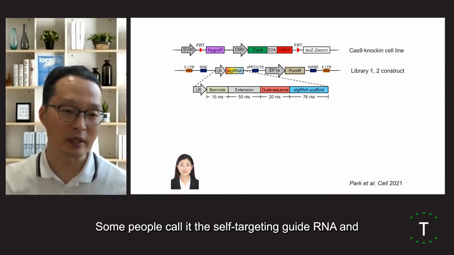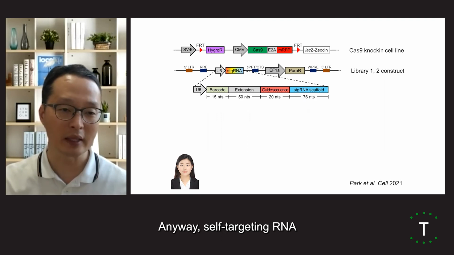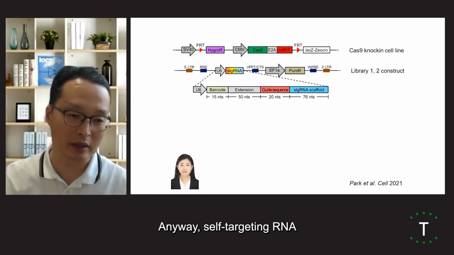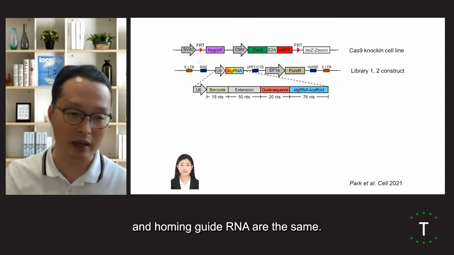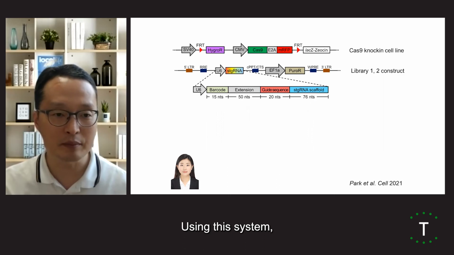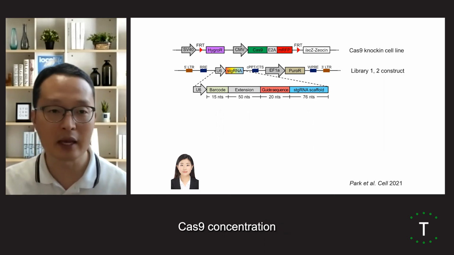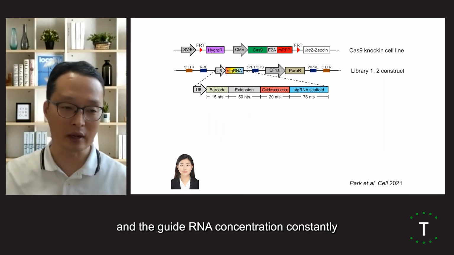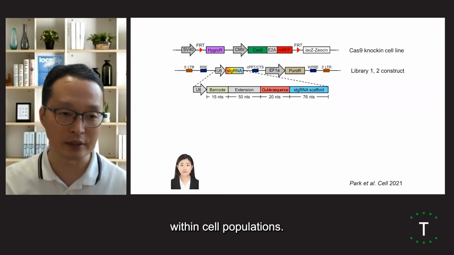Some people call this self-targeting guide RNA homing guide RNA. Anyway, the self-targeting guide RNA and homing guide RNA are the same. And using this system, we were able to maintain Cas9 concentration and guide RNA concentration constantly within cell populations.